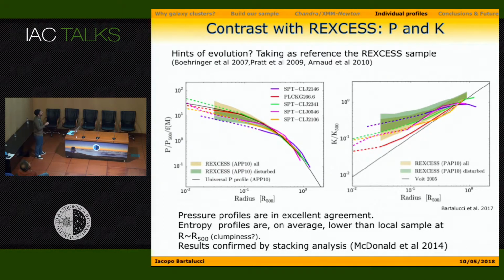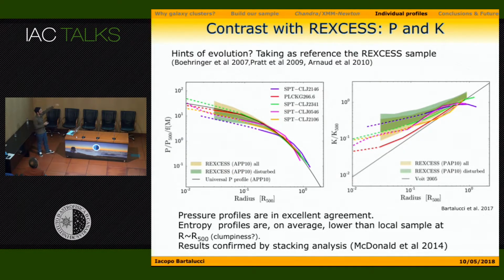Now, one thing that you can notice is that here there seems to be a flattening of the entropy profile. Now, this is actually a very well-known effect in the X-ray community, and it is simply caused by the fact that when you look at very large radii, you have some very cold gas in the cluster that may bias your results.